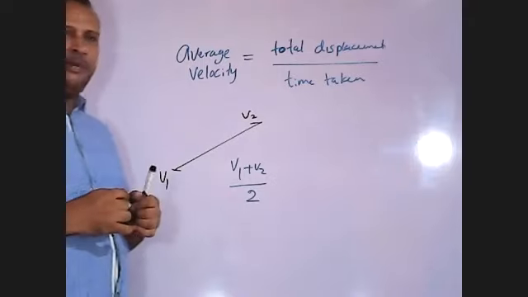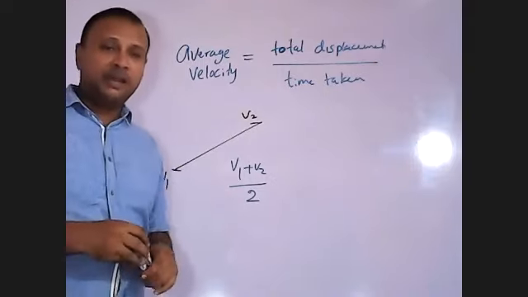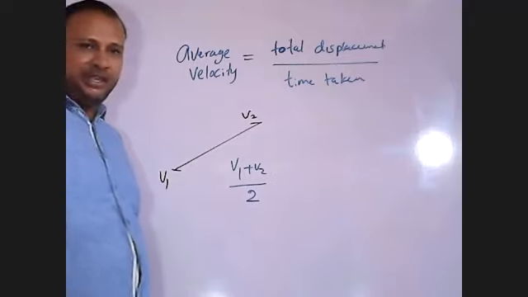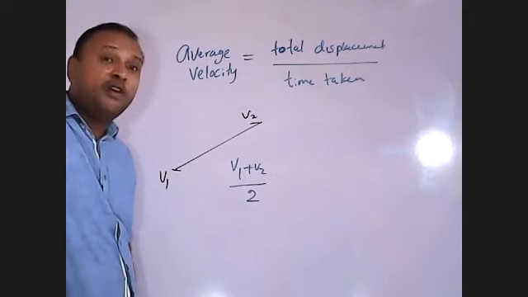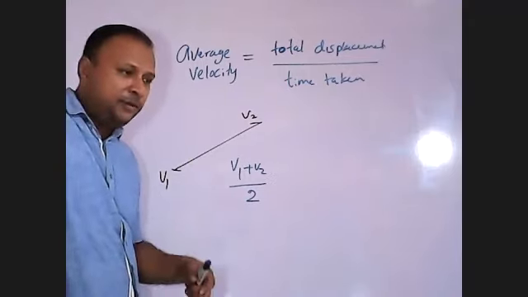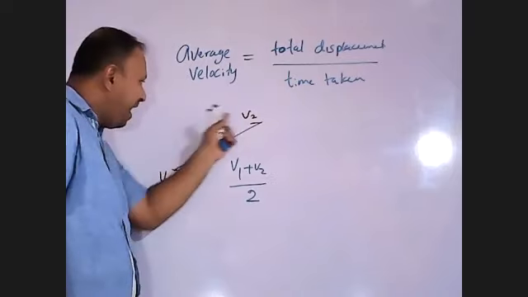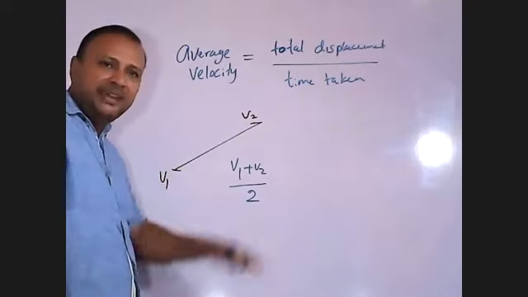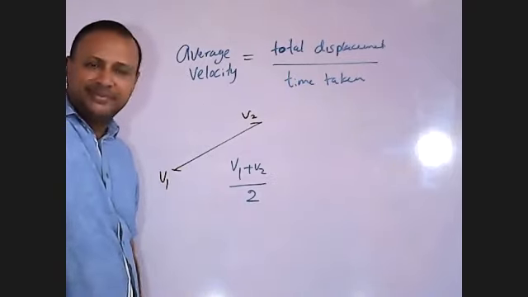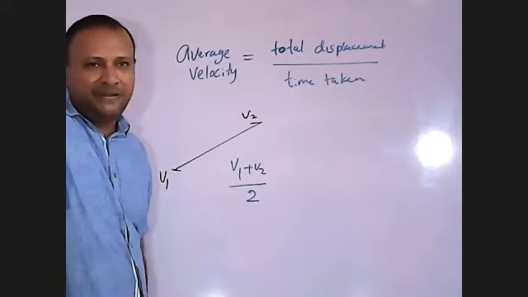Normally we know this. How to find an average? We have to add those values and divide by the number of values. That is a way of getting an average.